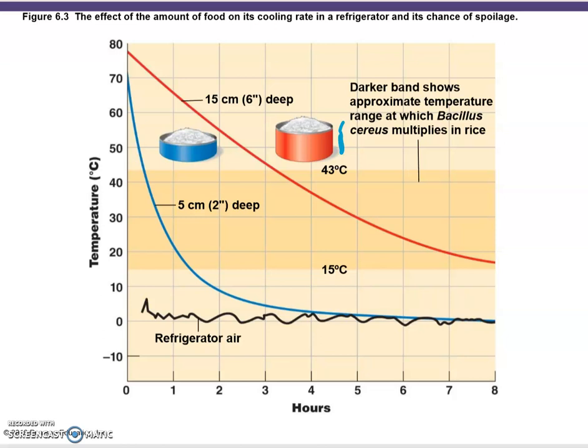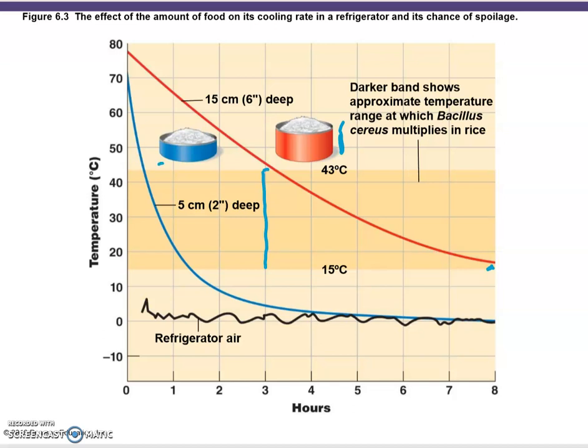Even if you put this pot of rice in the refrigerator after boiling the rice, you can see that it will take some time to reach actual refrigerator temperature. So you have here 5 hours before the center of the pot reaches the refrigeration temperature. Meanwhile, the bacteria could be multiplying in your rice, and that could be a problem.